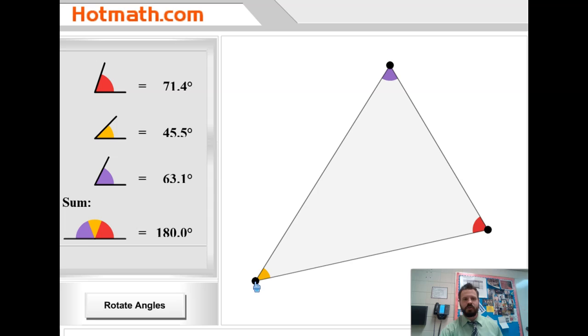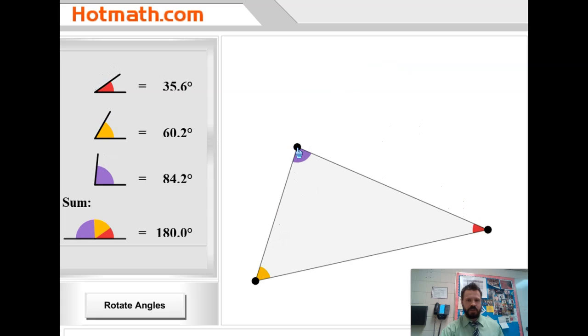And as I'm doing that, notice on the left side of the screen, the computer is automatically measuring each of those angles for me and giving me a visual representation. So essentially what I have here is a way to come up with all possible triangles as I go through here. Now the other thing that's happening is the computer is also taking the values of those three angles and adding them together. And right now it's telling me that sum is 180 degrees.